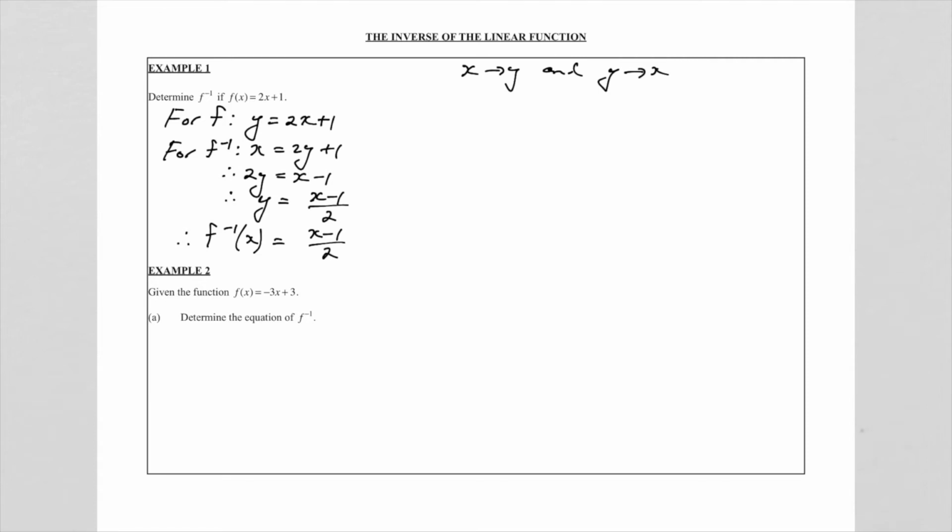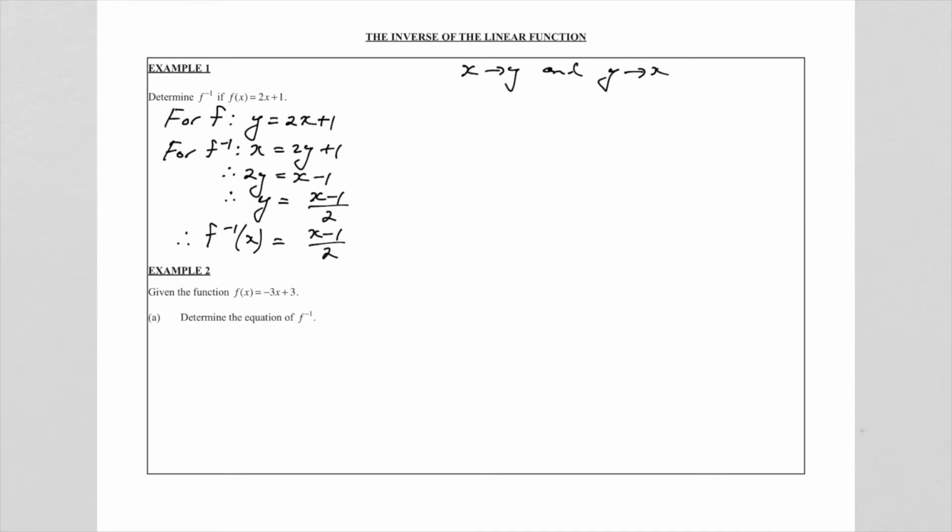In the next example, we have a function f(x) equal to minus 3x plus 3. And in the first part of this question, they ask us to determine the equation of the inverse of f. And you can see we use that notation again. We're going to apply the same principle, and that is to swap x and y.